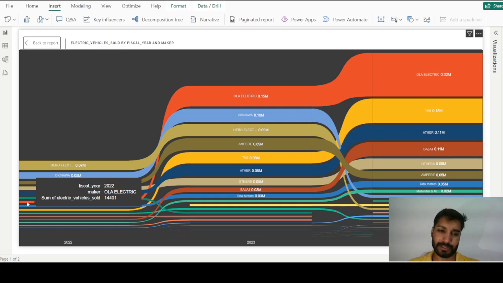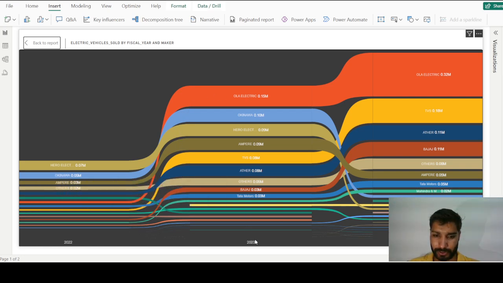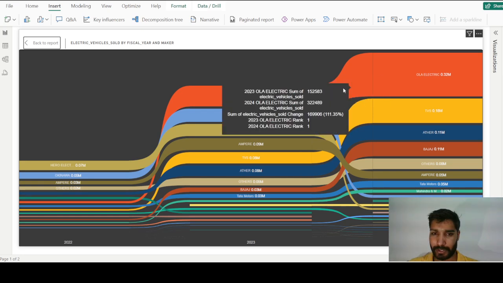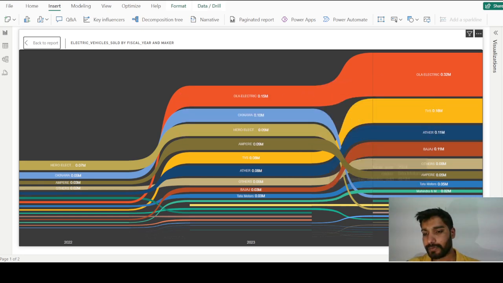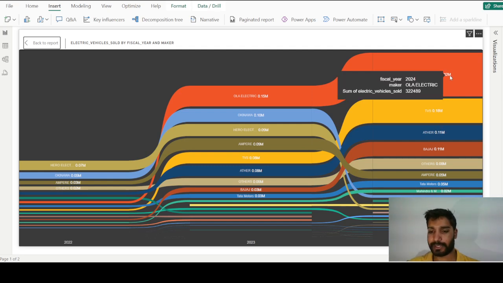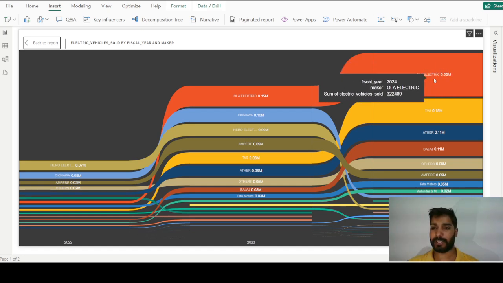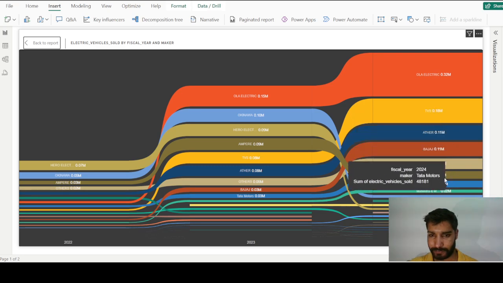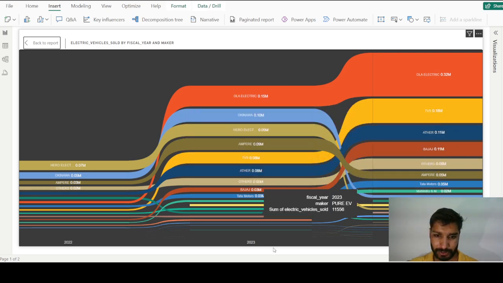It was doing sales of only 14K in 2022, and after 2022 it grew to 0.15 million, and is on first rank in 2024 in the electric vehicle field. It did 0.32 million in sales, and the rest of all makers are showing degrowth.